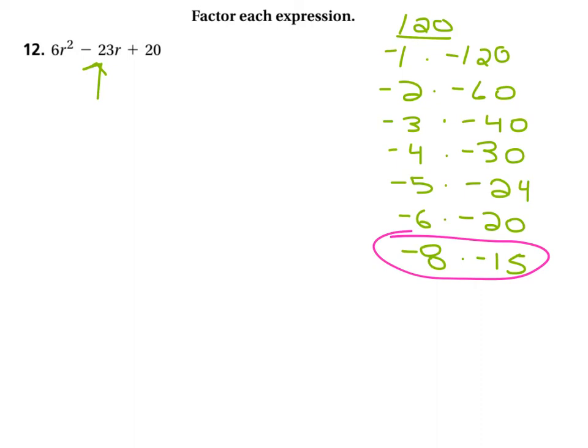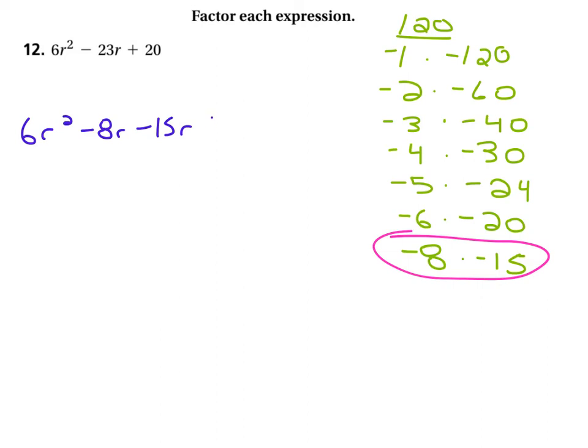So here's our method now that we identified it. We keep the first term the same, 6r squared, right? Let me erase this. That comes straight down, 6r squared. The negative 23r is going to break up into negative 8r and negative 15r, the two numbers that we just found on the right-hand side that I circled in pink.